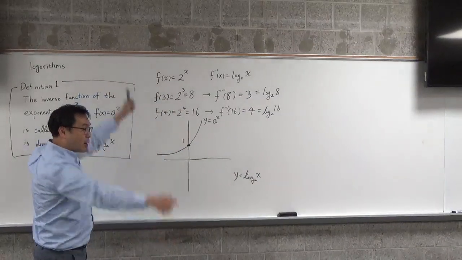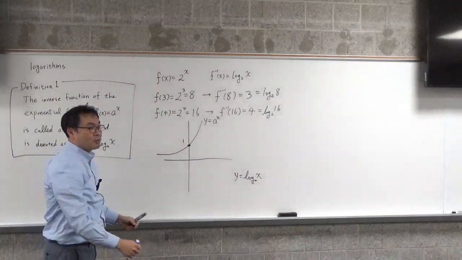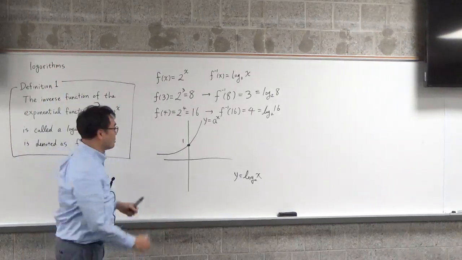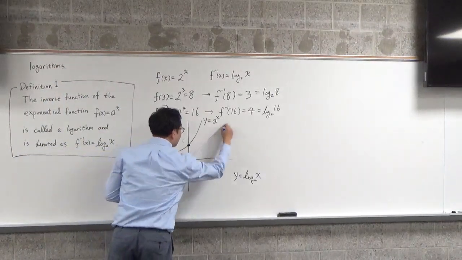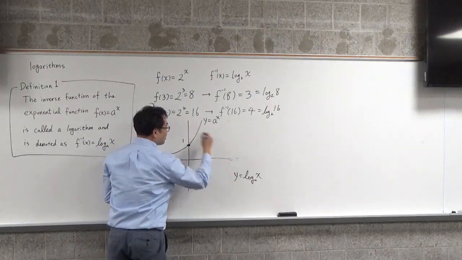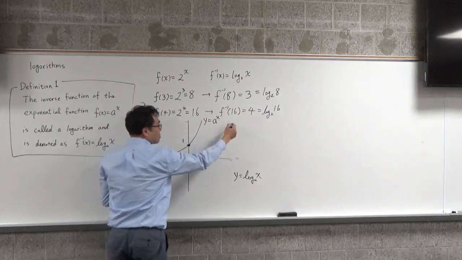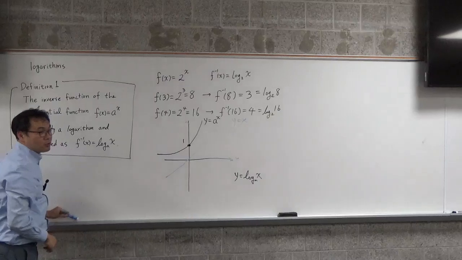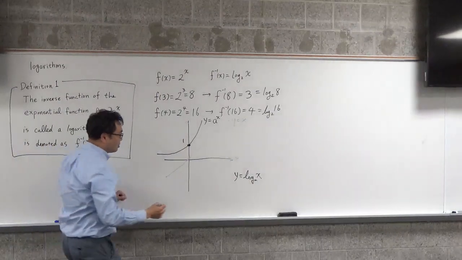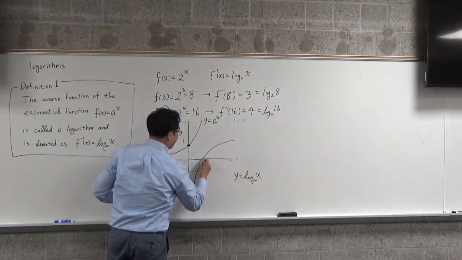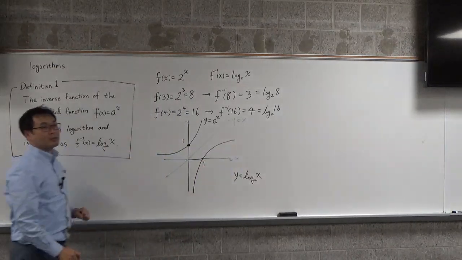If you switch these two around, what happens? It flips over the diagonal. If x and y are switched, it flips over the diagonal, which is y equals x. So what does that give you? Which is this.